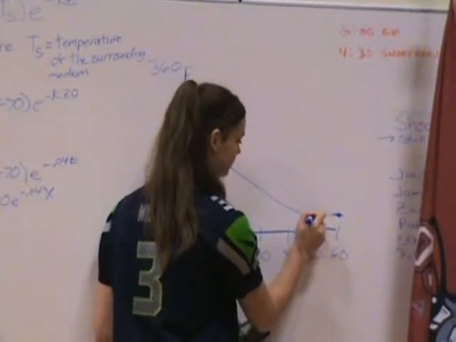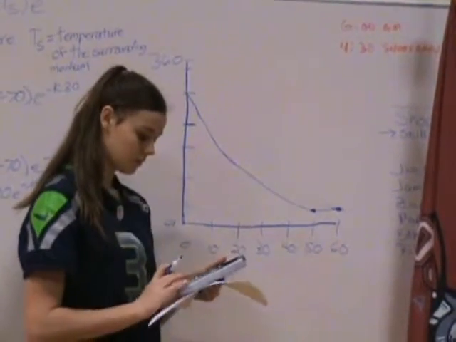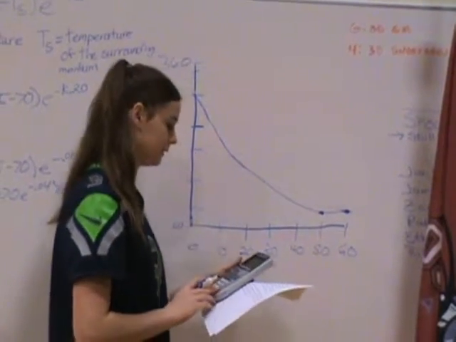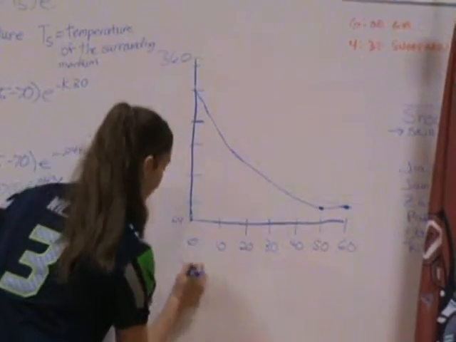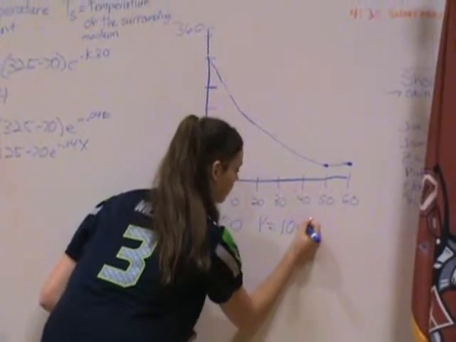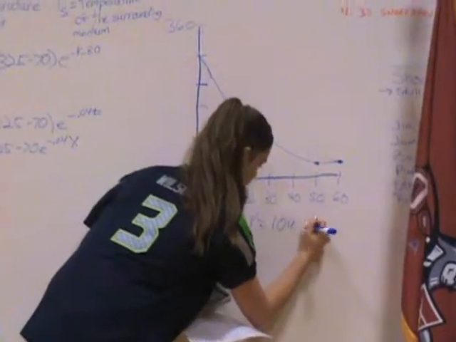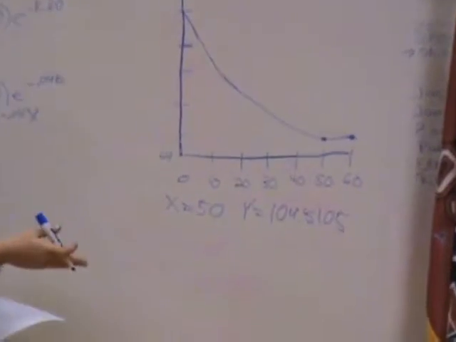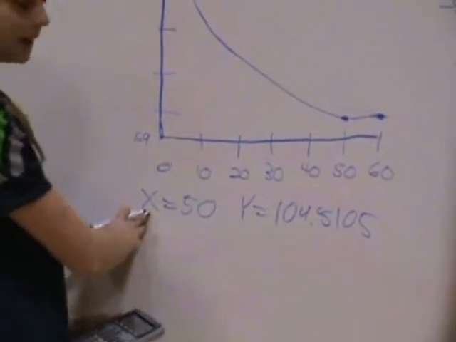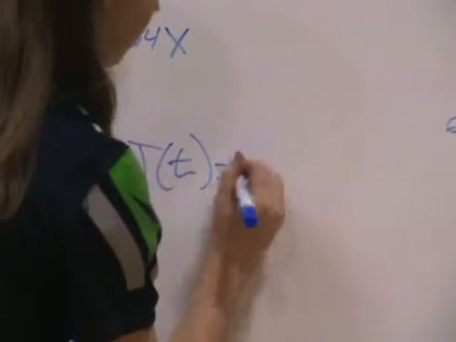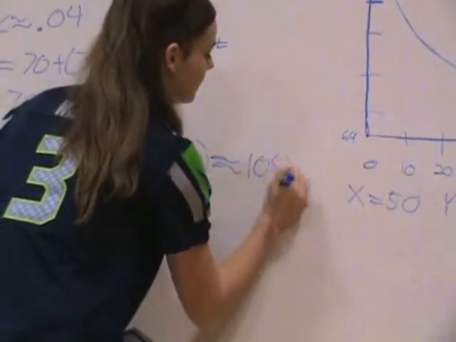If you hit trace, and then you put in 50, and hit enter, you get when x is 50, y equals 104.5105. And that's a pretty big decimal, so this is the time again, and this is the temperature. So rounding to the nearest degree, the temperature would equal about 105 degrees.